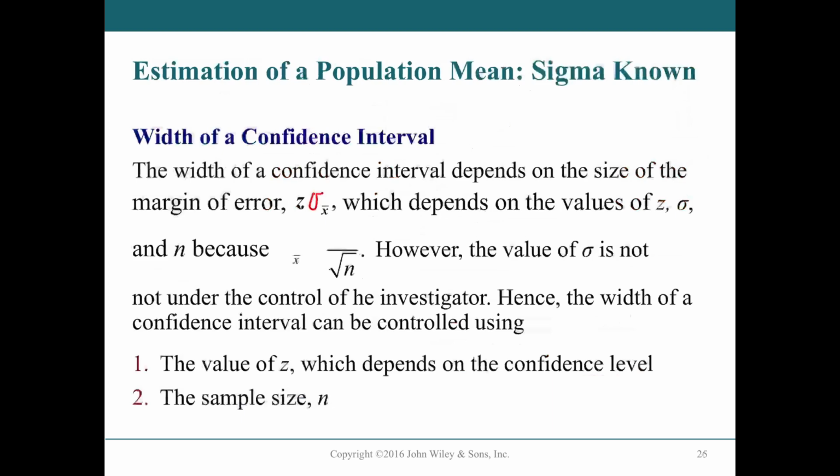The width of a confidence interval depends on the size of the margin of error, z times sigma sub x bar, which depends on the values of z and sigma and n, because, as we've said many, many times, we have sigma divided by square root of n. But the value of sigma is not under the control of the investigator. That's a misprint. This is a bit of random chance.